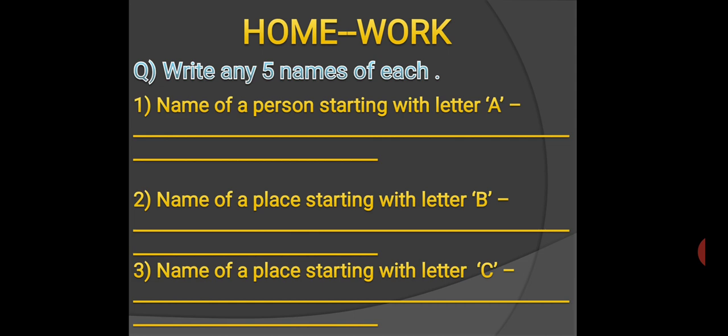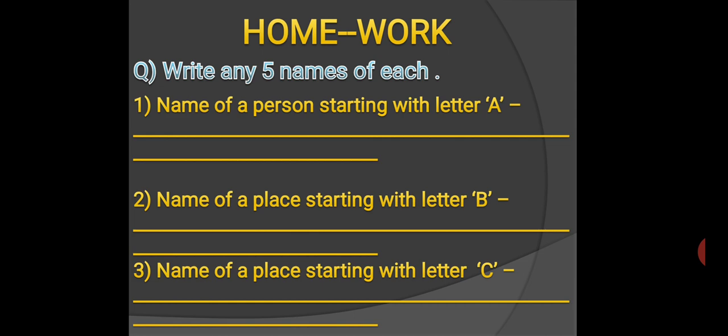But the names have to start with letter A. For example, A for Amit. Right? But it should be the name of a person. A for Anjali. I have given you 2 examples now. You have to solve it further.